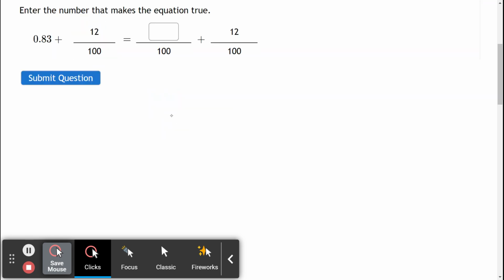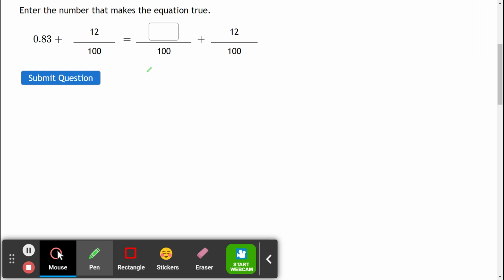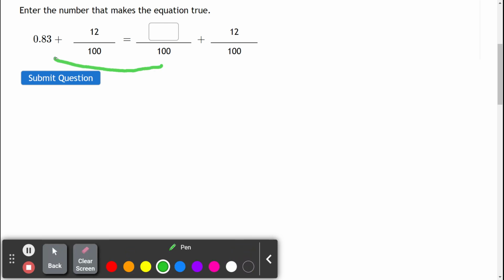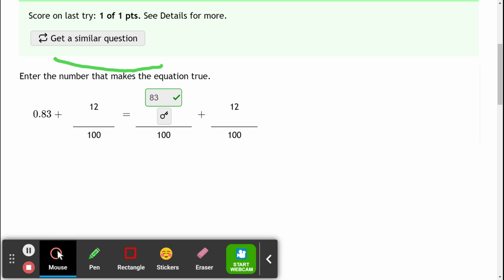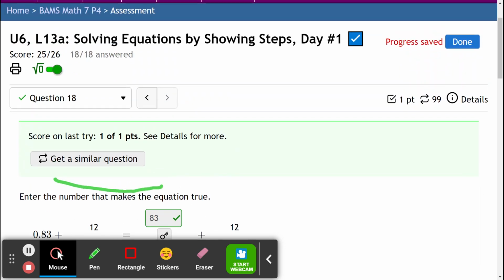This one, 83 divided by 100 is 0.83. See, we have to connect these two right here. So 83 divided by 100 is 0.83. Done. And it looks like that is the end of it. So I hope this was helpful.